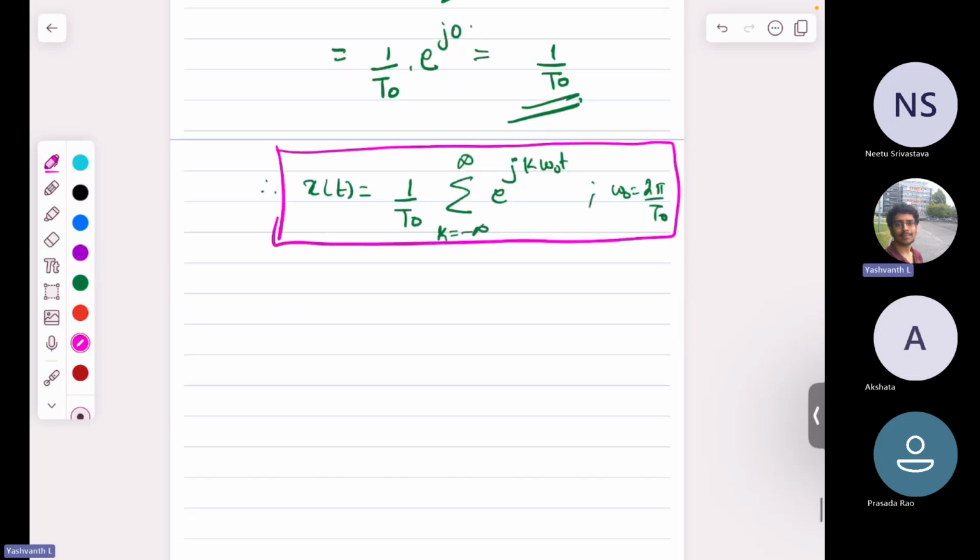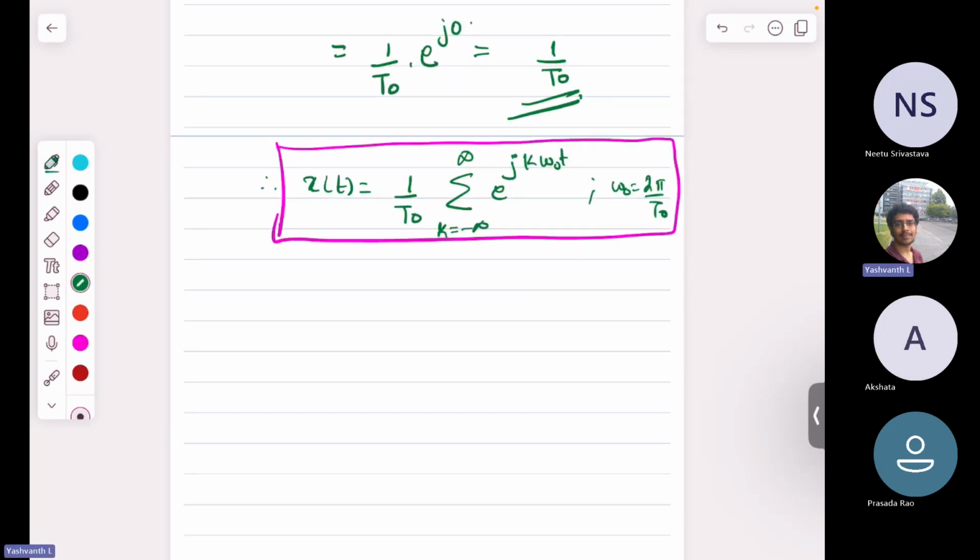Similarly, what is the trigonometric Fourier series? Recall that you can write the trigonometric Fourier series x of t as a naught by 2 plus summation k equal to 1 to infinity ak cos k omega naught t plus bk sine k omega naught t.